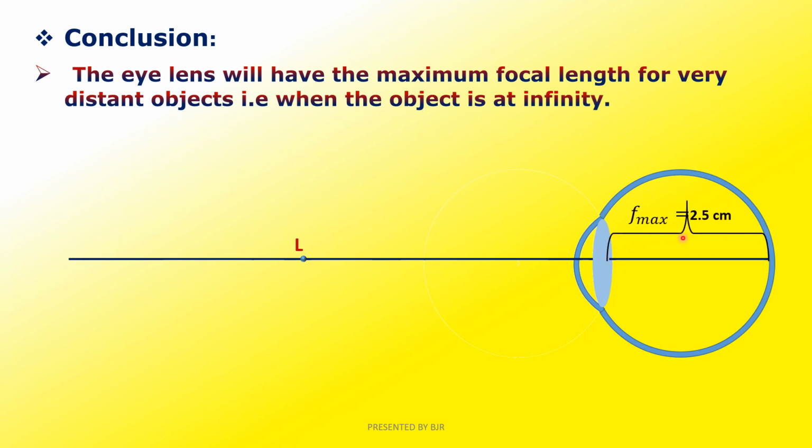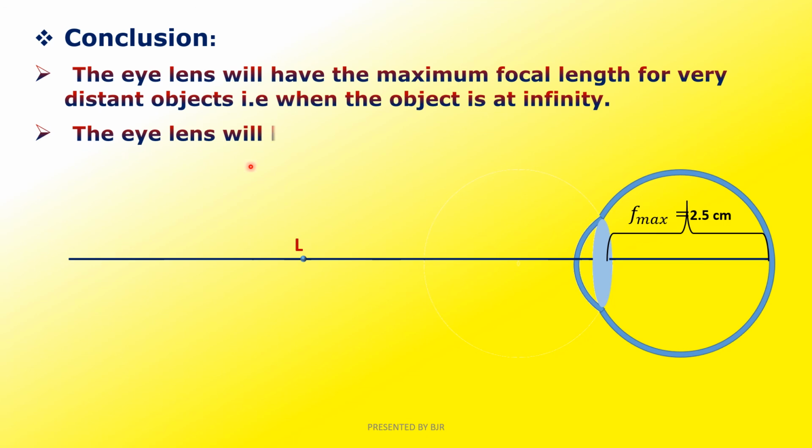So f maximum is 2.5 centimeters. This eye lens will have the maximum focal length when the object is at infinity, and that maximum value of focal length is 2.5 centimeters. It is equal to the distance between the lens and the retina.